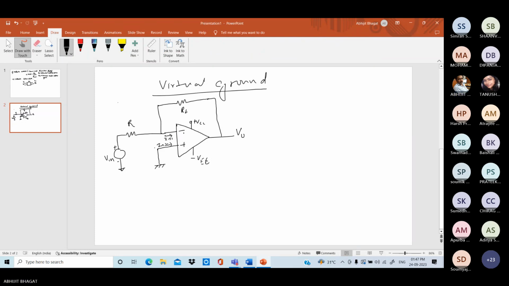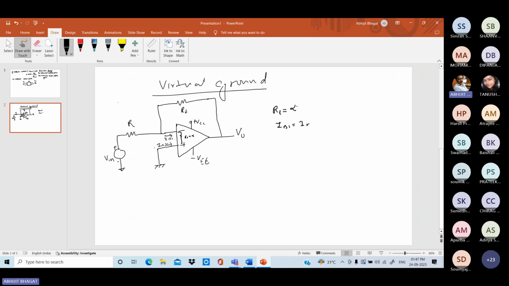For the ideal op-amp, the input impedance Ri equals infinite. We know this. It means inside there is the Ri resistance, which is ideally infinite. If this input resistance is infinite, then the input currents going inside, IB1 and IB2, are equal to what?